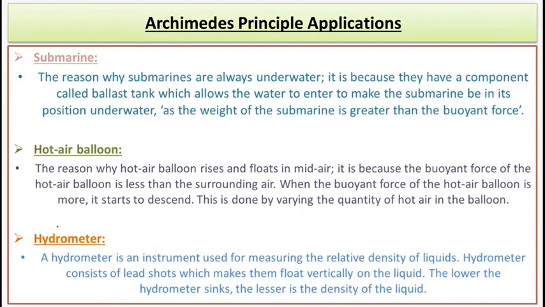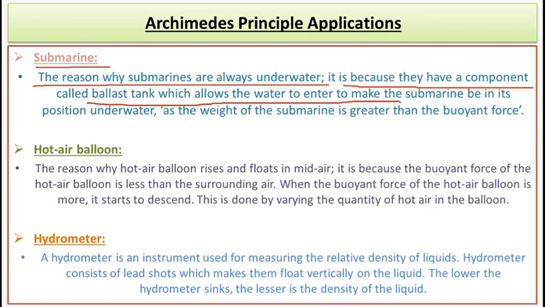Now, let's discuss some of the applications of Archimedes' principle. Let's start with a submarine. Do you know the reason why submarines are always underwater? It is because they have a component called a ballast tank, which allows the water to enter to make the submarine stay in its position underwater, as the weight of the submarine is greater than the buoyant force.